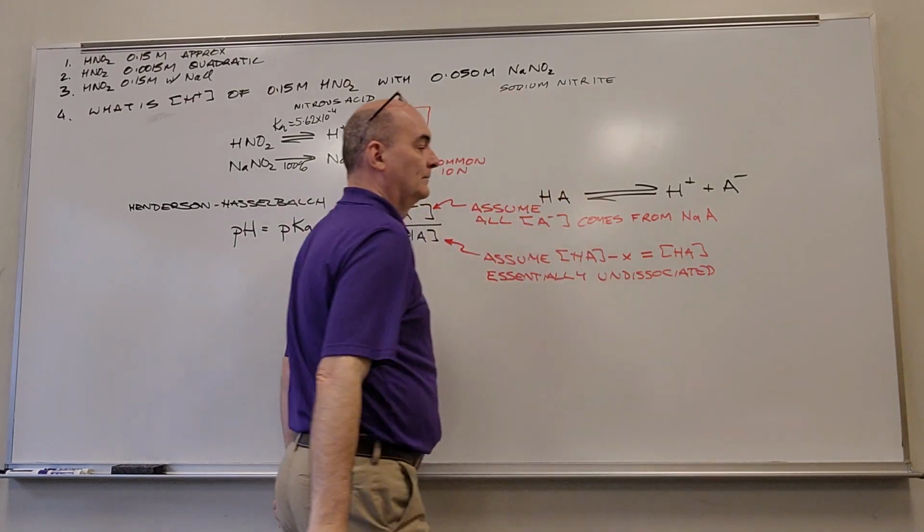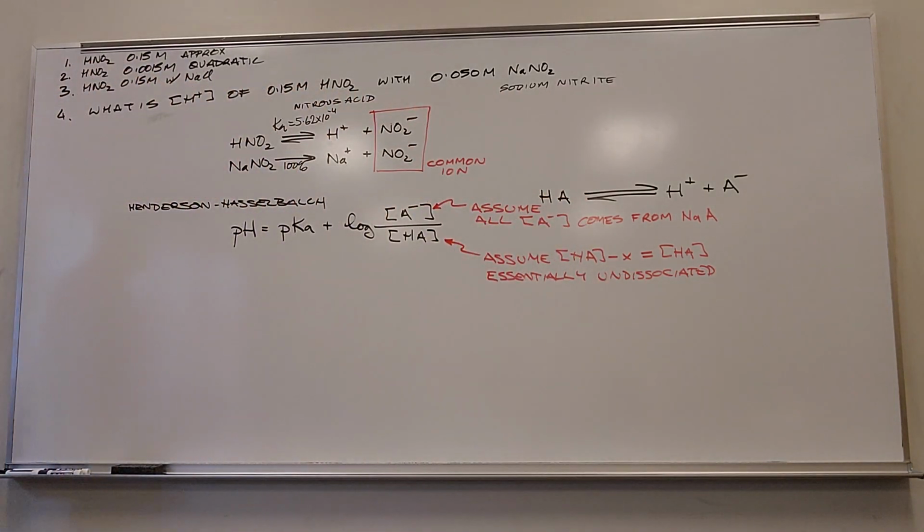Okay? So I'm not even going to bother finding the equilibrium concentration of that. I'm just going to say, you know, it probably didn't change very much. And that will be true as long as Ka is relatively small. If Ka is not a relatively small number, then no. Okay.